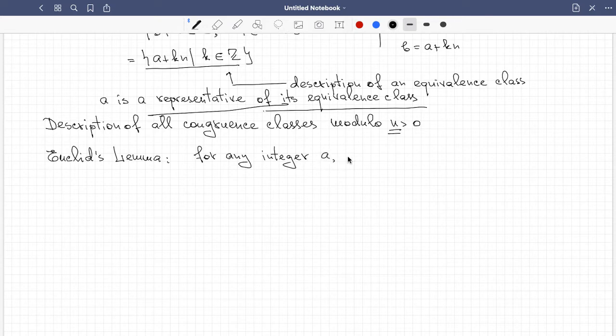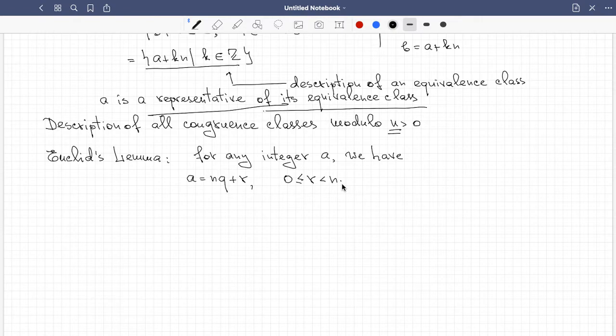For a, we have a equals nq plus r, where r is an integer from 0 up to n minus 1, strictly smaller than n, smaller or equal to n minus 1.